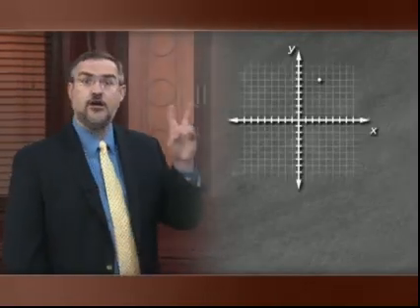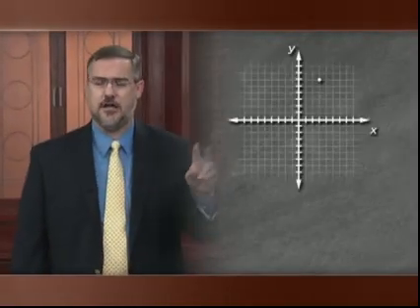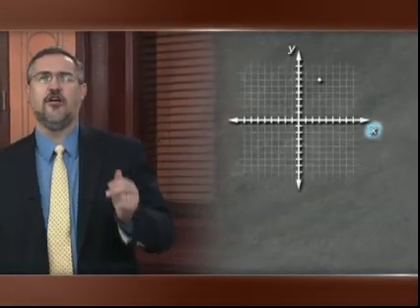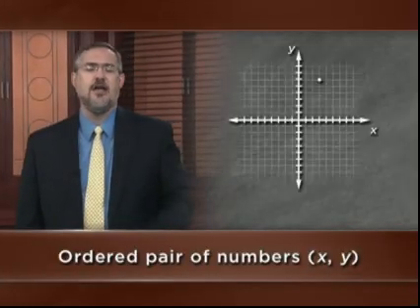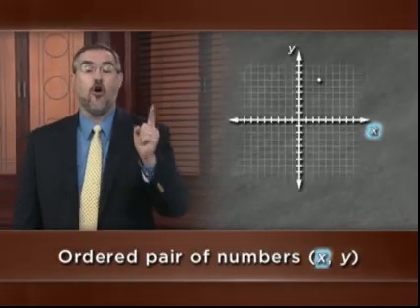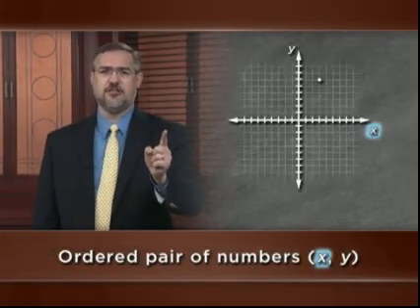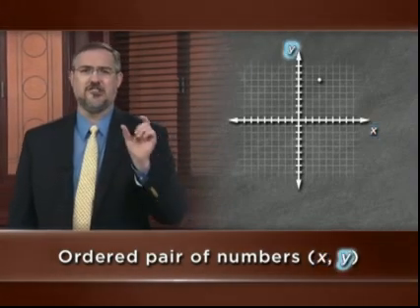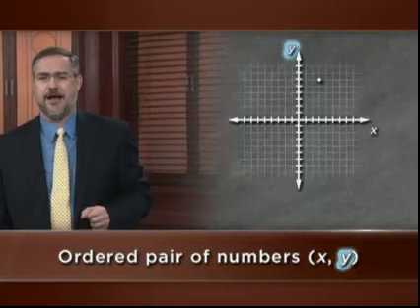Each point in the plane is identified by two coordinates, and those coordinates are the x-coordinate and the y-coordinate. Now together, these two numbers form what we call an ordered pair of numbers, with the x-coordinate always written in the first position and the y-coordinate always written in the second position in the ordered pair.